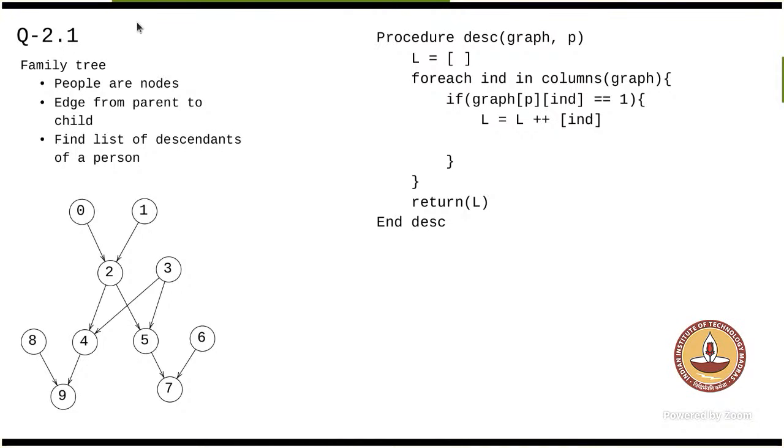Yeah, just give me 1 second. Sorry. So L is, you first add it to the list of descendants. Your child is obviously going to be your first descendant. So you add the child to the list, and now you call descendants recursion on graph of ind. So you are going to now find out all the descendants of your child and add it to the list.